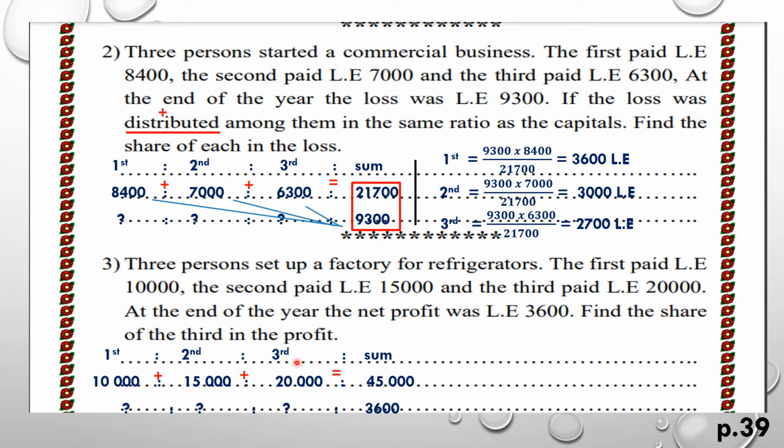Now we need to find the share of the third only. Here is our completed column, and the cross will be with 3,600 and 20,000. So to find the share of the third, 3,600 times 20,000 over 45,000 equals 1,600 LE.